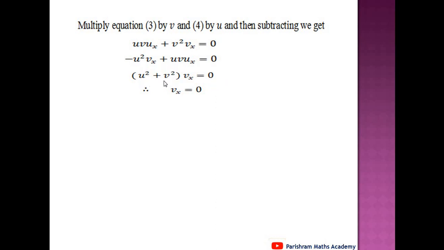But u squared + v squared is not equal to 0, and therefore vx = 0.